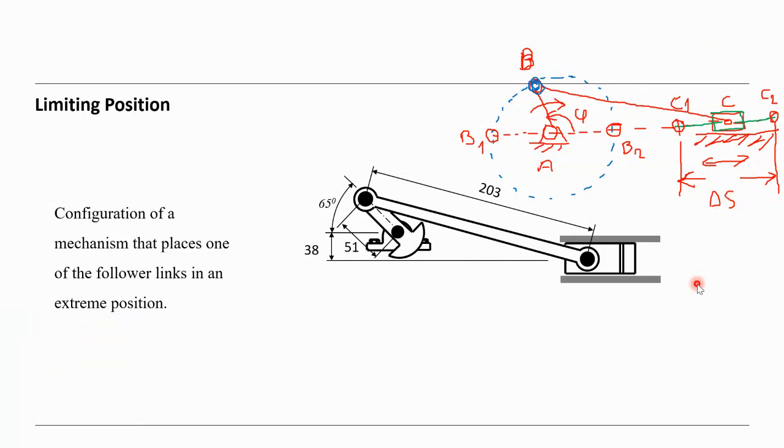Imagine you are designing a machine and you need a linear motion, and you are trying to realize this linear motion using a crank slider mechanism, and the stroke of the linear motion must be, let's say, 200 millimeter, so maximum 200 millimeter.